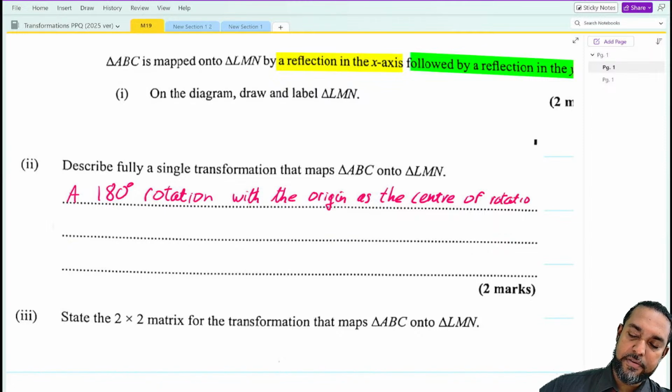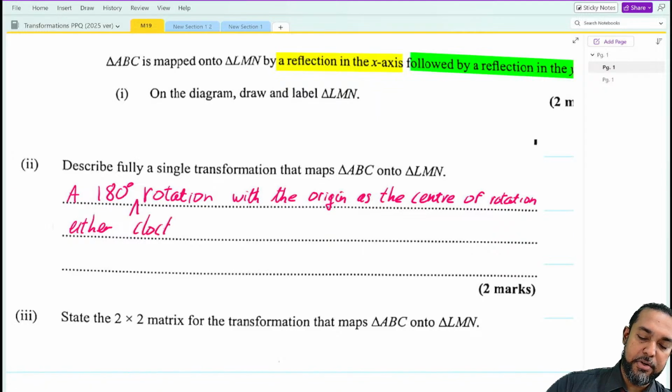And I forgot a very important point. Normally you would put whether it's clockwise or anti-clockwise before the word rotation, but here you can put either, because whether you go 180 degrees clockwise or anti-clockwise, once you rotate about the same center and it's the same shape, you'll get it to the same place.